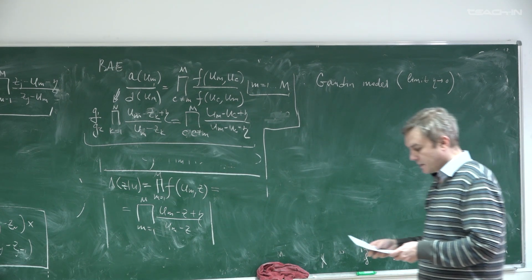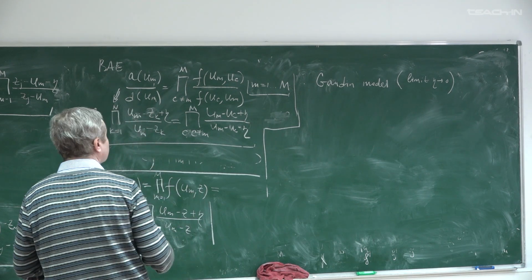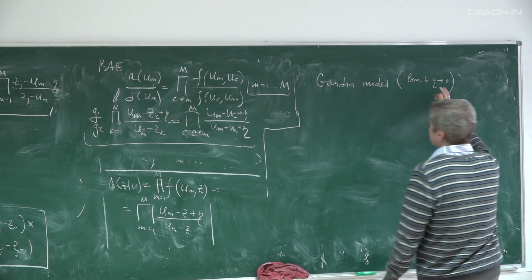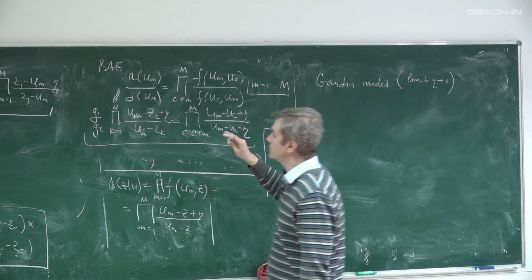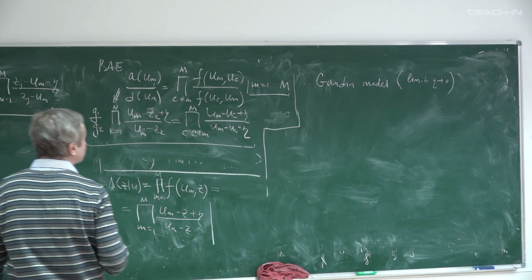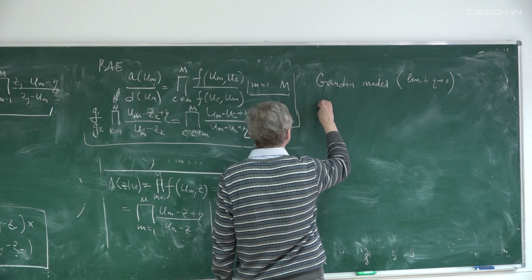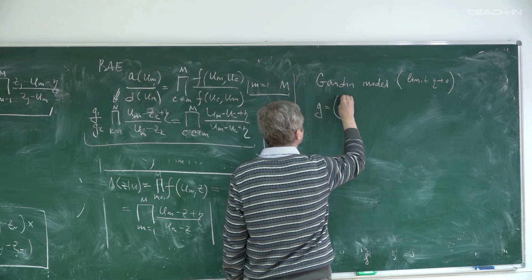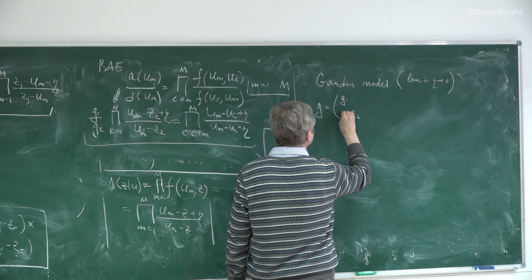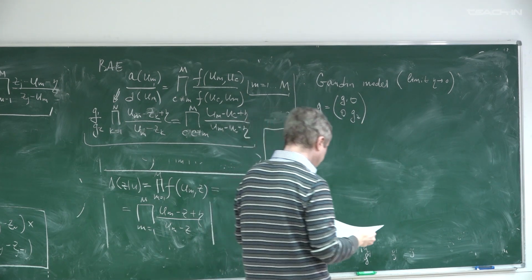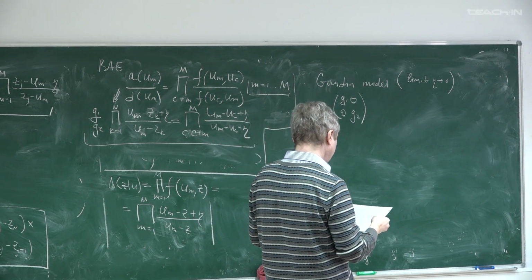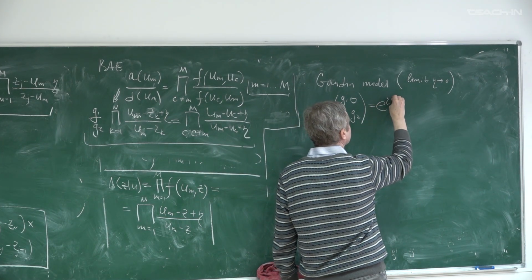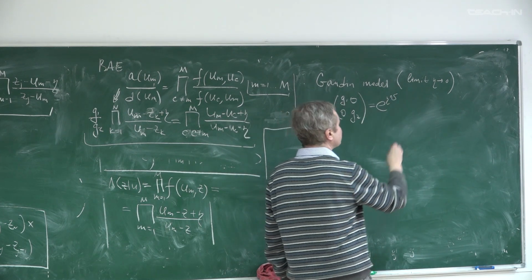So let us write what happens in this situation. Besides considering this limit explicitly in all these formulas, we also parameterize this twist matrix. It was G1 and G2, but let us now write it like exponent of eta multiplied by some diagonal matrix.